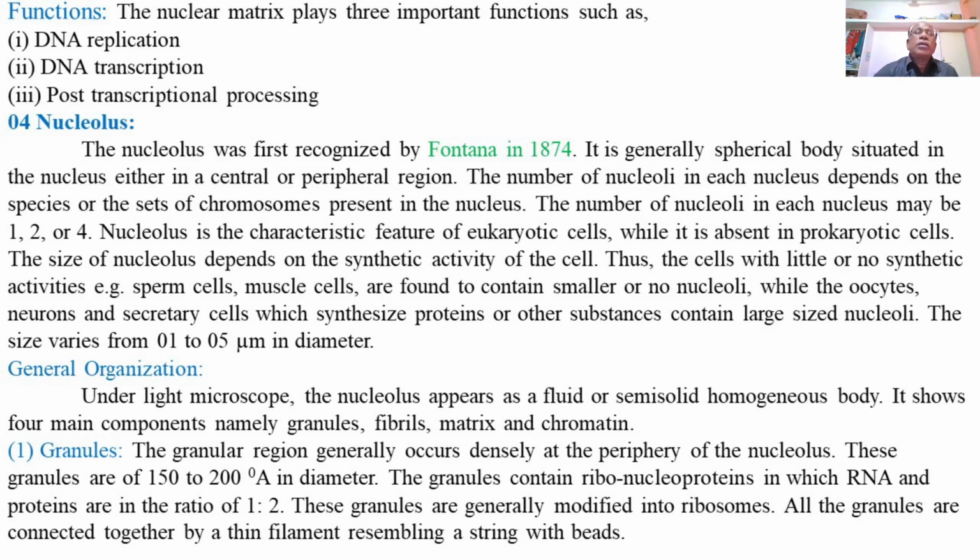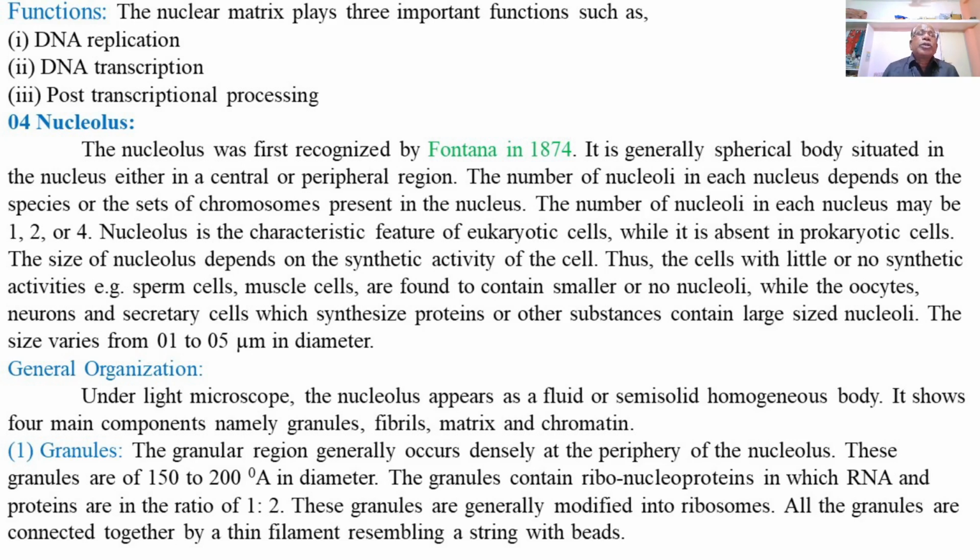So the nuclear matrix provides the various substrates and materials essential for DNA replication, such as enzymes like DNA polymerase, and thus there is a process of DNA duplication.